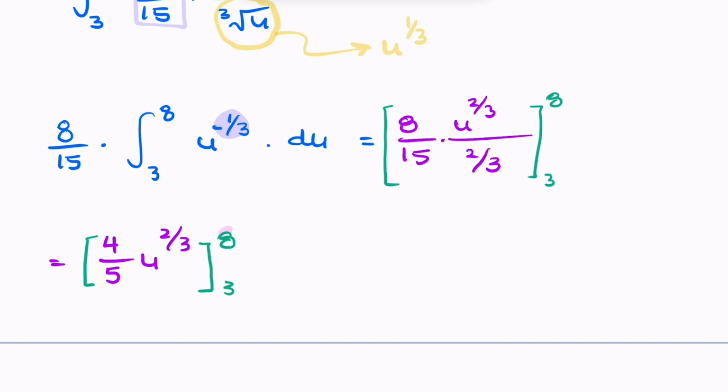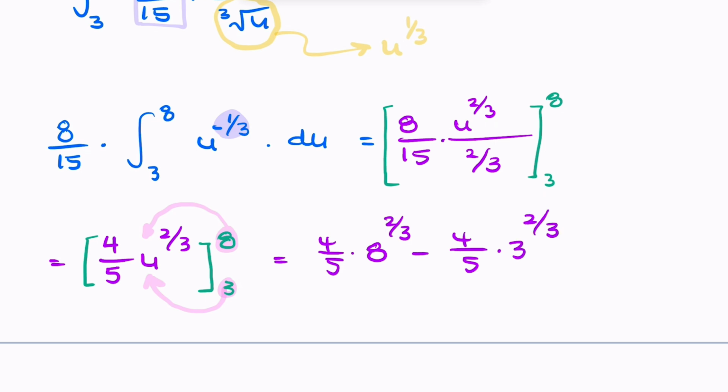So remember, with the limits, you need to substitute your upper limit, then substitute your lower limit, and subtract the 2. So you'll have 4 over 5 times 8 to the power 2 over 3 minus 4 over 5 times 3 to the power 2 over 3.